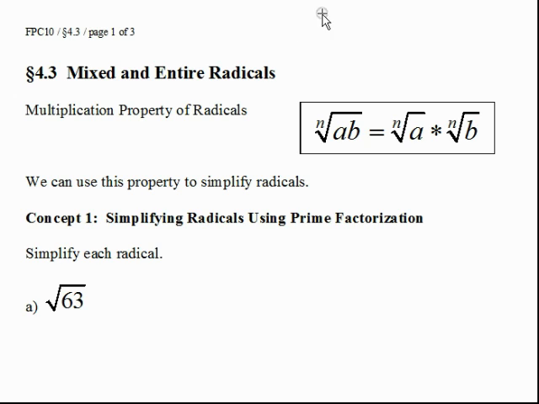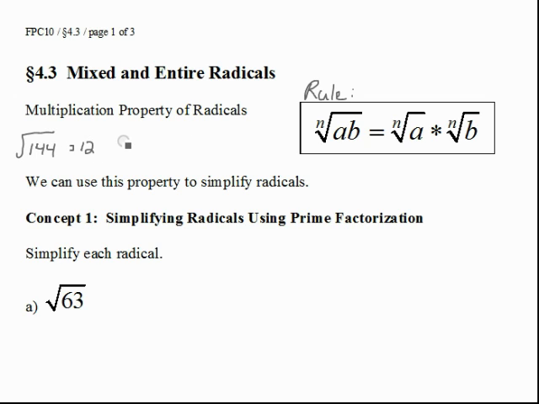We're going to do some new rules, starting with some new rules for exponents. This is rule 1, and it's called the multiplication property of radicals. It says that the nth root of a times b equals the nth root of a times the nth root of b. For example, the square root of 144 equals 12, right?